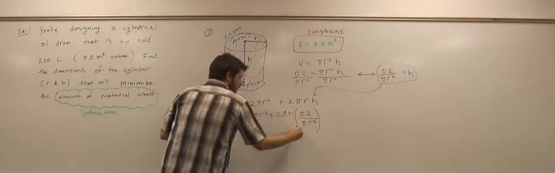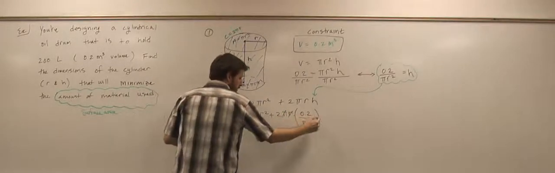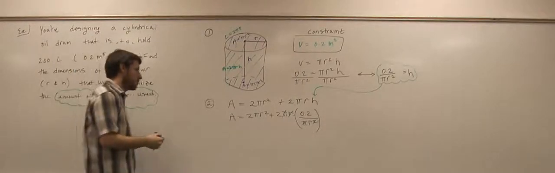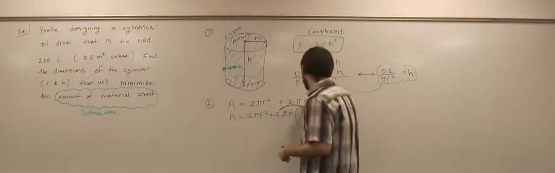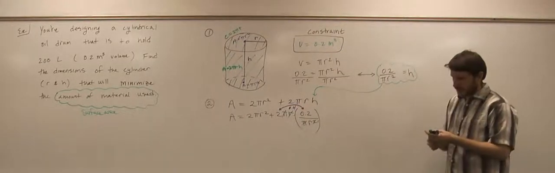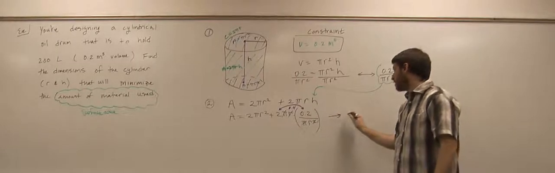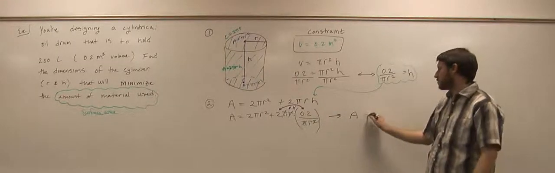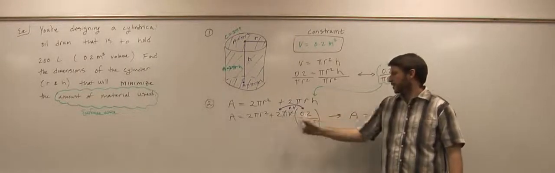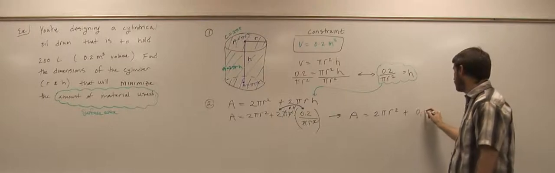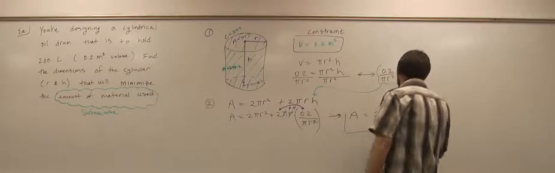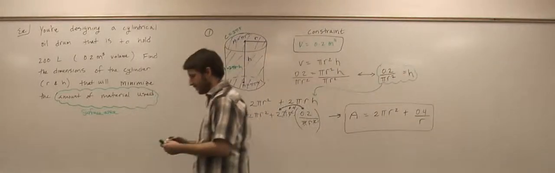Right, there's a pi and at least one of the r's. You can do 2 times 0.2 and make that 0.4. So altogether, my formula here is that the surface area is equal to 2 pi r squared plus 0.4 over r. So this is the formula that I'm going to use when I do my derivative.